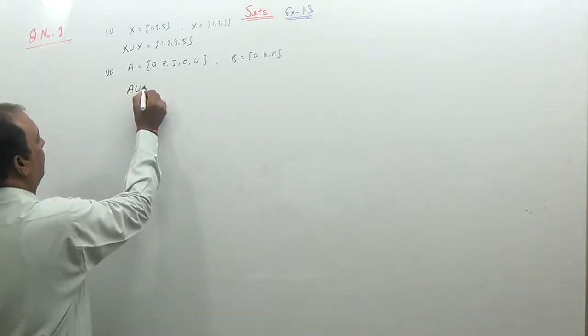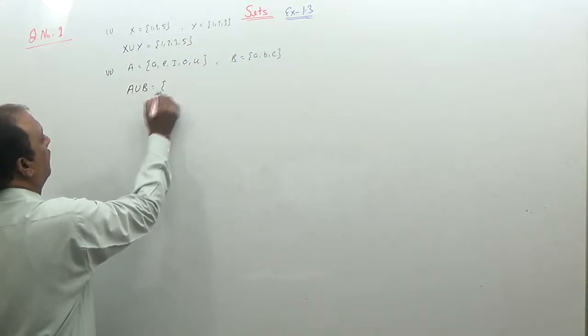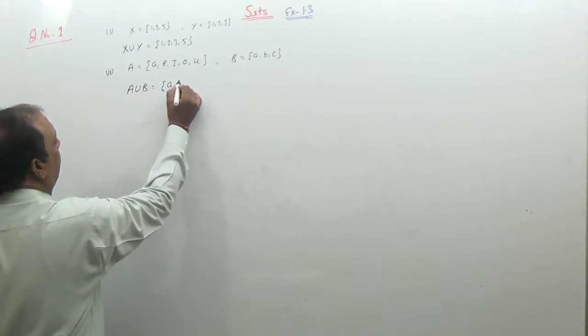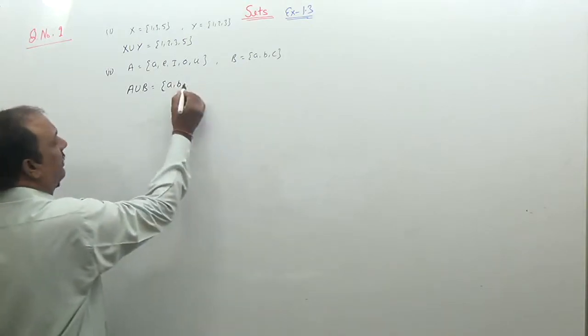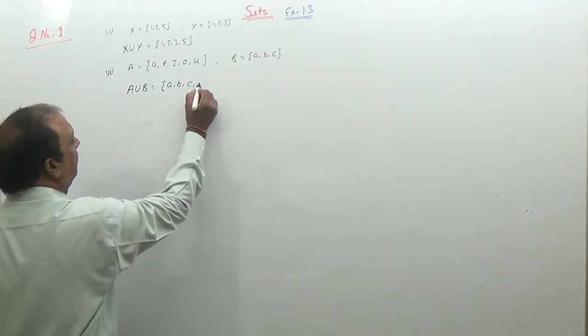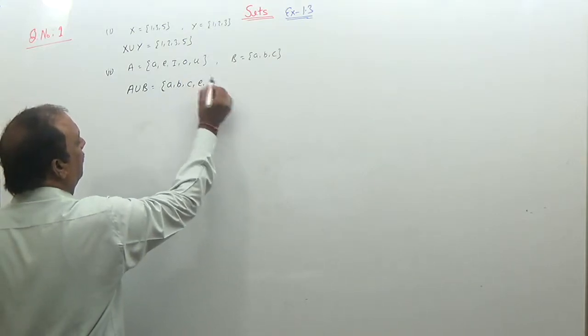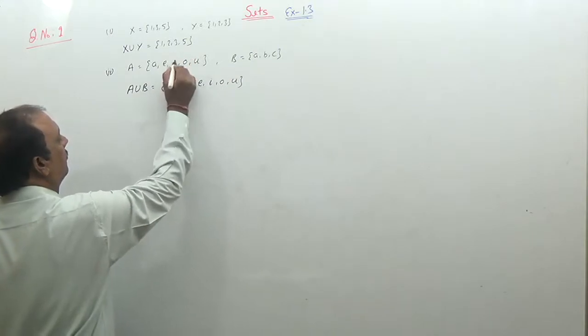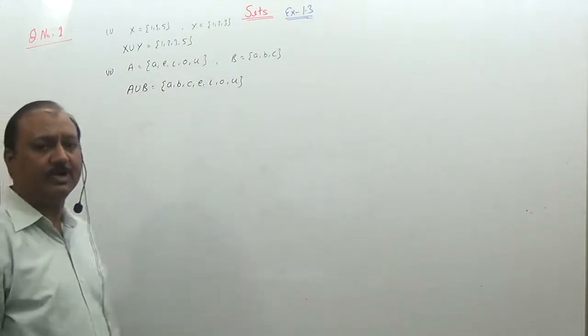So A union B is a set which contains all elements of set A as well as all elements of set B, that is A, B, C, E, I, O and U. This is the union of two sets.